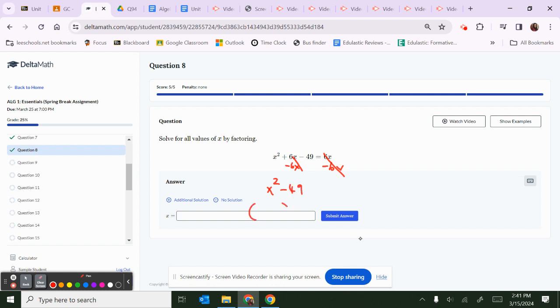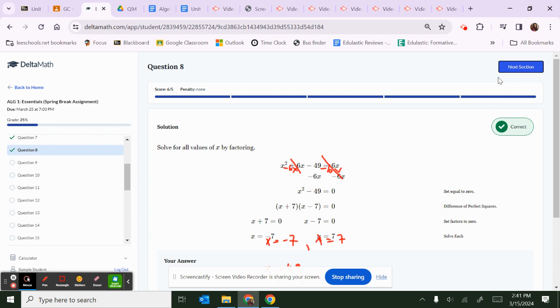And this is the one where you ask yourself, what two same numbers multiply to give you 49? So a positive 7 and a negative 7. So that means x is a negative 7 and a positive 7. So not problems like these, guys. I wanted to see something that looks a little different.